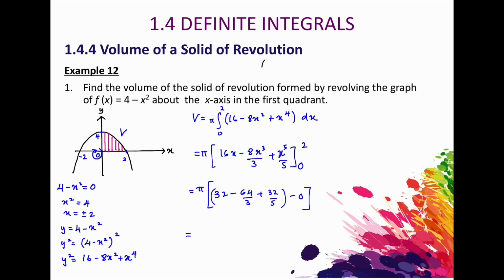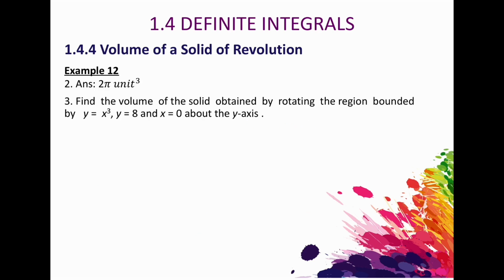And finally, the volume is equal to 256 over 15 pi unit cube. For question 2, you can try it on your own, and the answer is 2 pi unit cube.